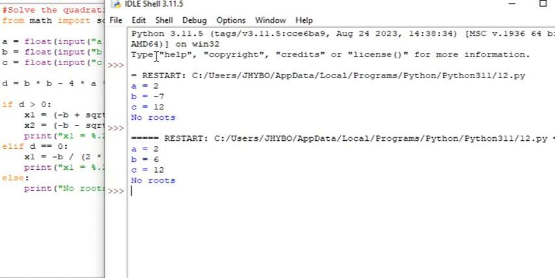Probably we can look for a quadratic equation that will have roots.